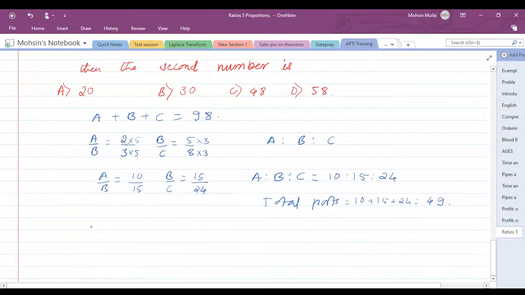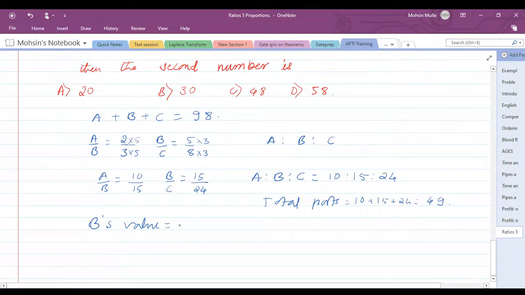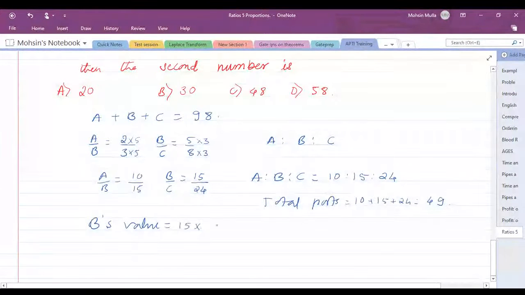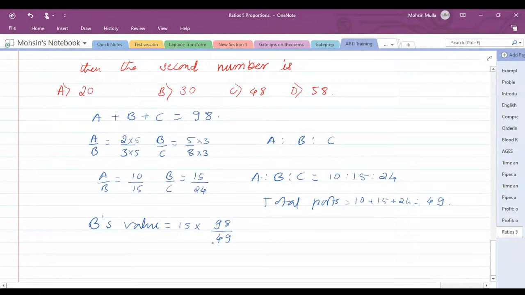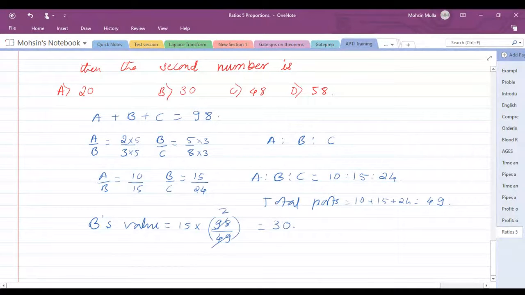B's value is asked, that is the second number's value. The second number's share is 15 and total is 98, out of total 49 shares. Therefore it is 30. So option B is correct.